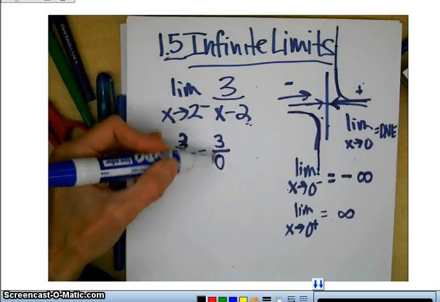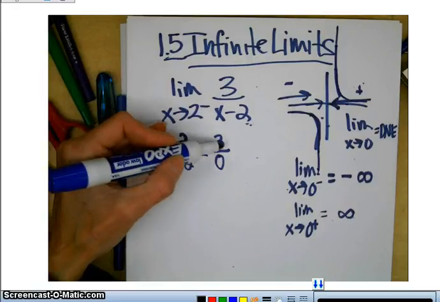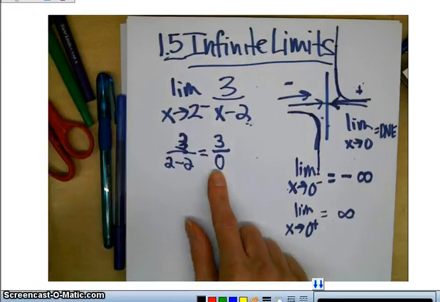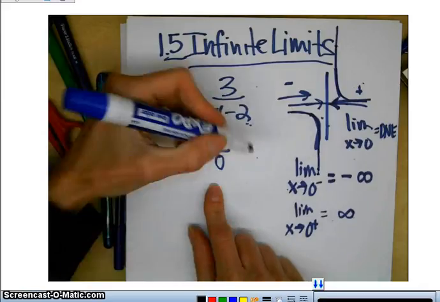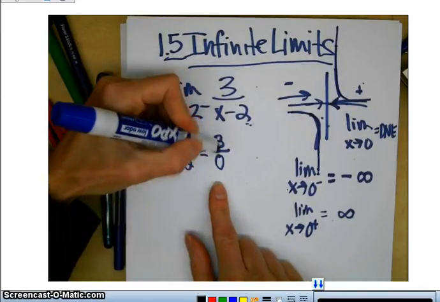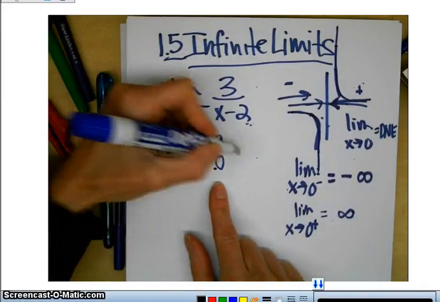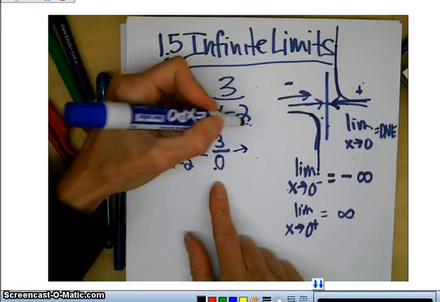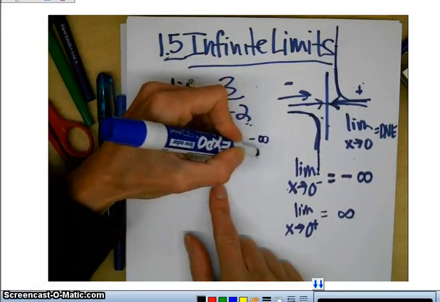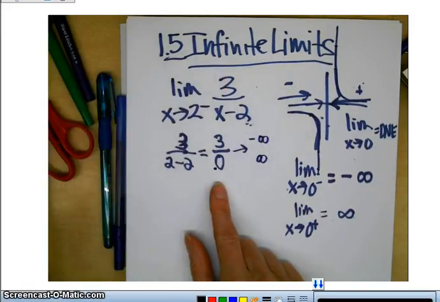Our calculator can't do this. So this is still an indeterminate form, kind of. But what it should tell us is that if we get a number divided by 0, our answer is probably going to be either negative infinity or positive infinity. That's what it's telling us most likely with the one-sided limit.